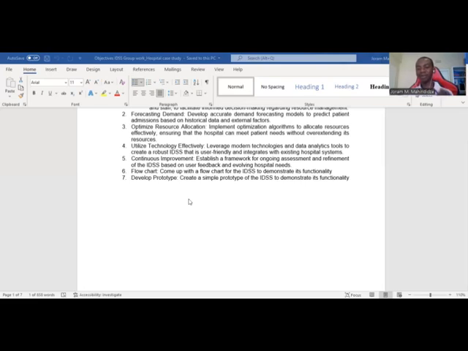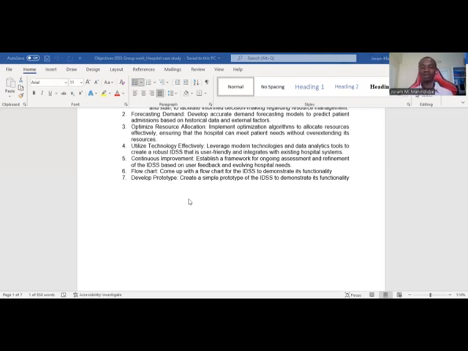We want to establish a framework for ongoing assessment and refinement of the IDSS based on user feedback and evolving hospital needs. So in our prototype, we are going to find out that we have a feedback approach that we continue to cultivate so that we can continuously improve the system.